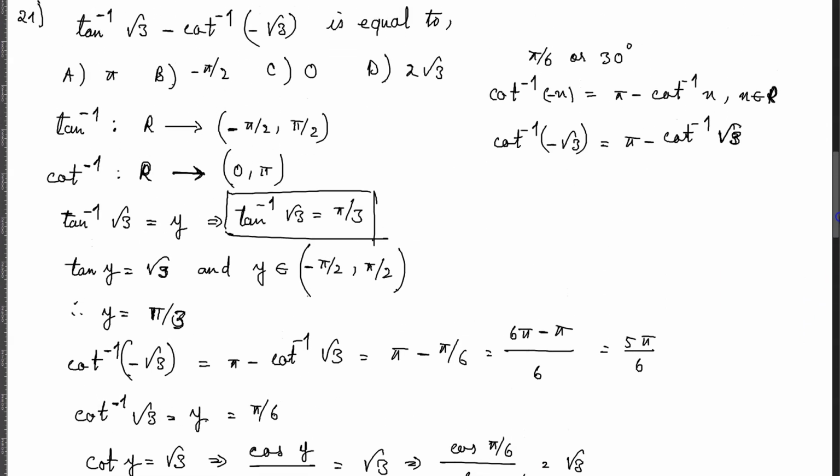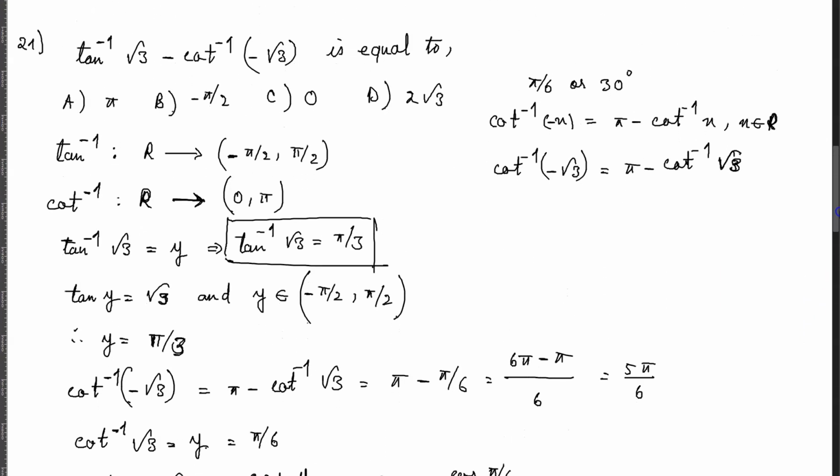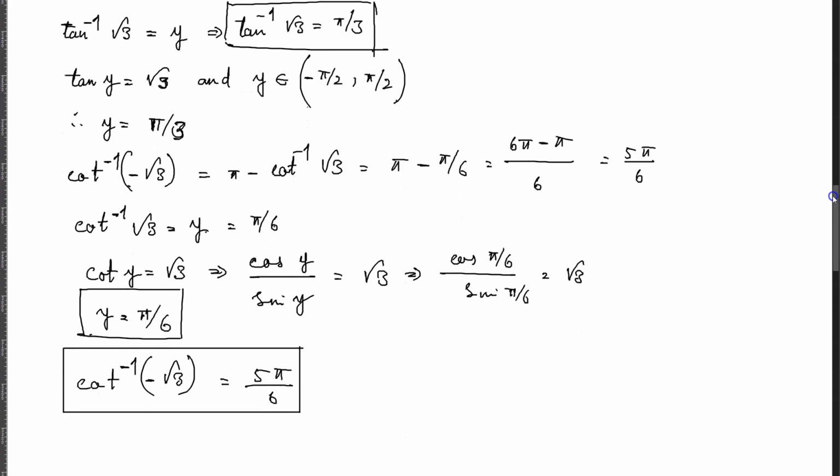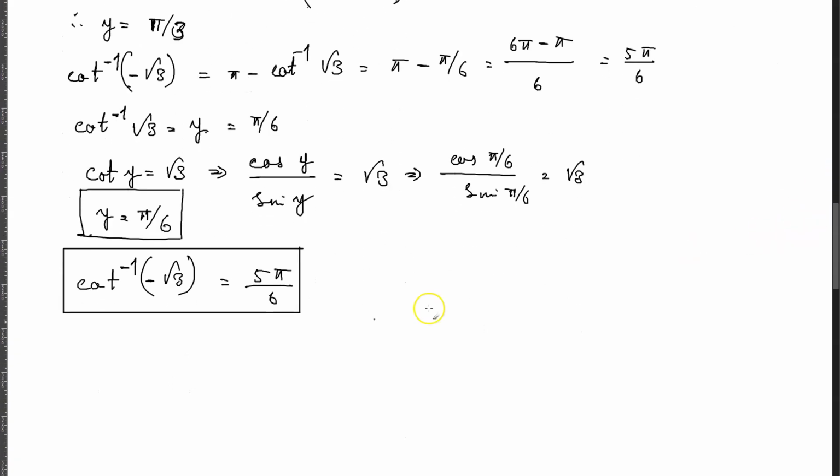Okay, so now the expression that we had here was the tan inverse of square root of 3 minus the cot inverse of negative square root of 3.